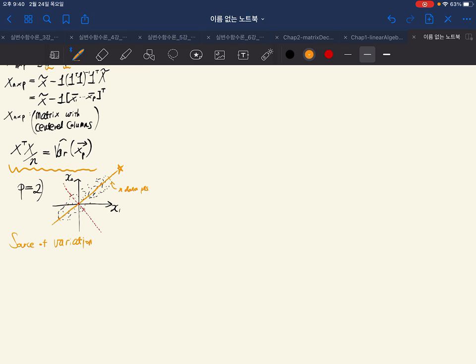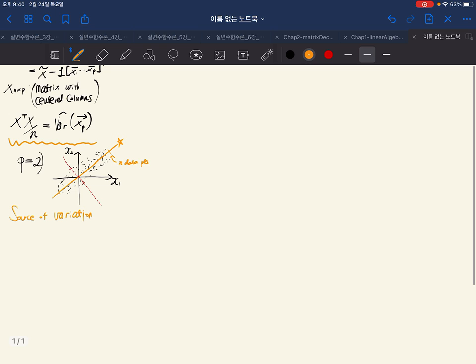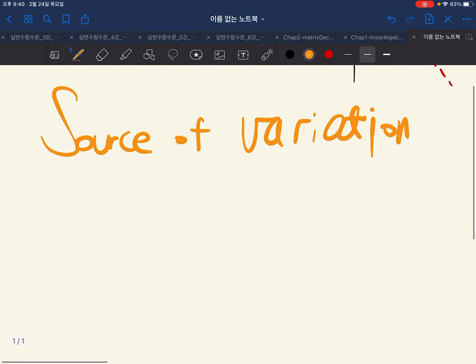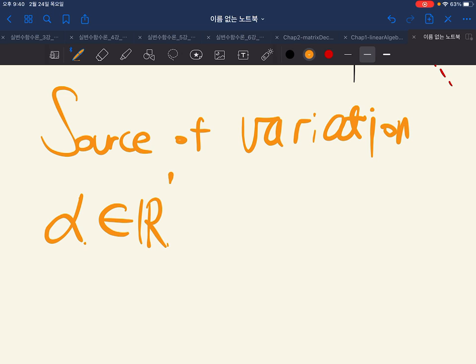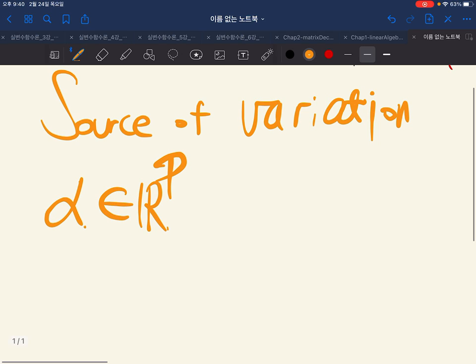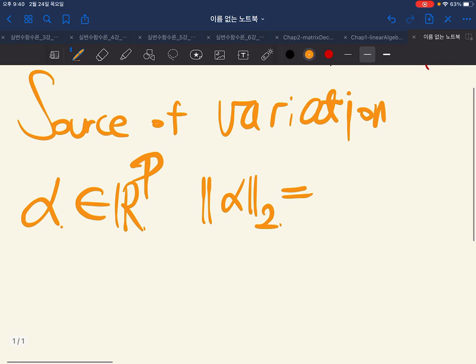So what we're trying to find is a direction. So direction A, no, let's say alpha. So alpha is a vector of R^P, and we will constrain that its L2 norm is 1.